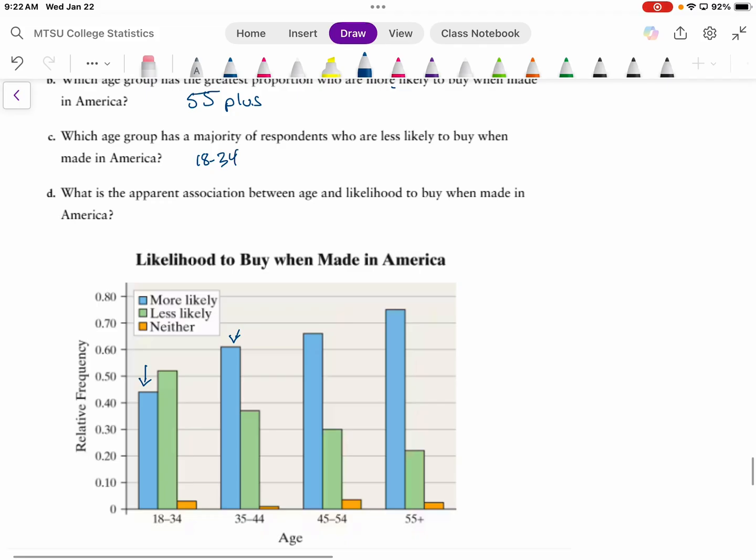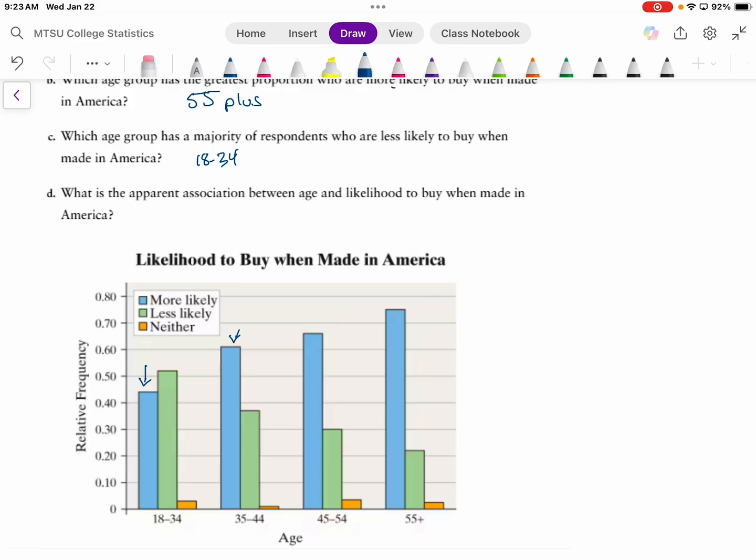Were you thinking the 18 to 34-year-olds? Which one had the tallest green section? Yep. But eventually we get you, once you guys get past your 34s, you start thinking about America.